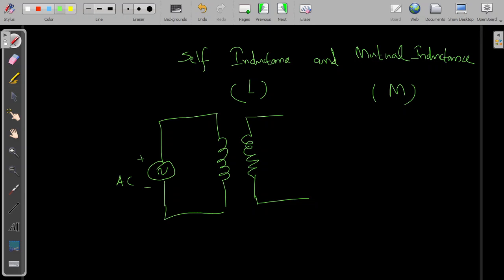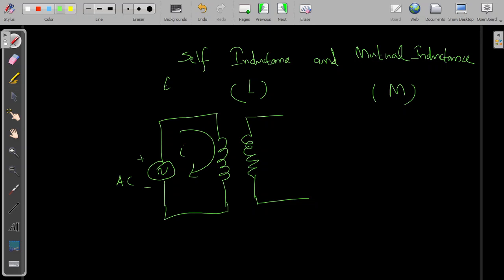Let I be the current flowing through this closed path at an instant of time t, flowing in this manner, with this polarity, plus and minus.